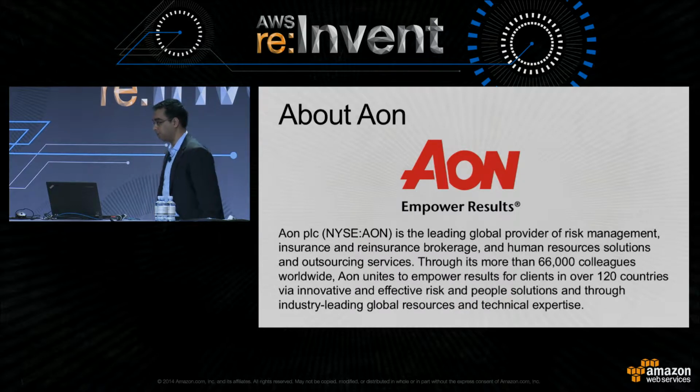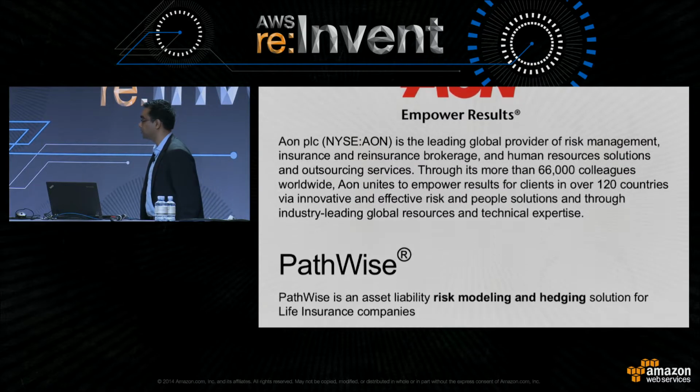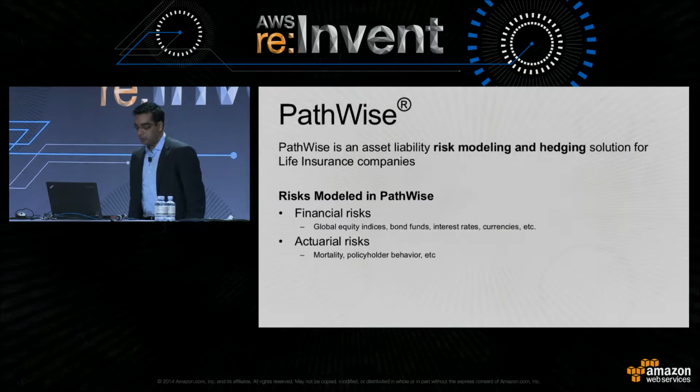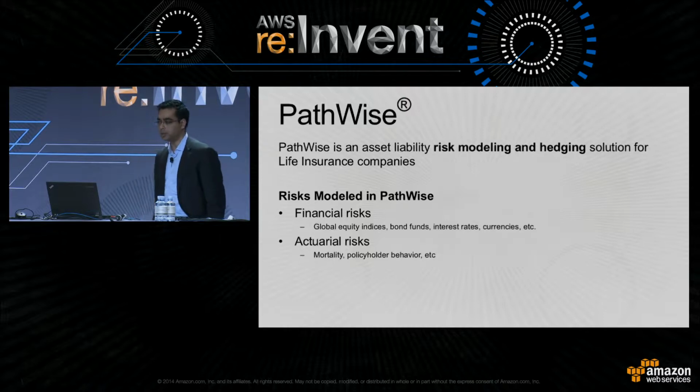We focus on the financial market risks, but the technology is applicable either way. Our software is called Pathwise, and we run it on top of AWS to provide end users at life insurance companies with a risk modeling and hedging system.